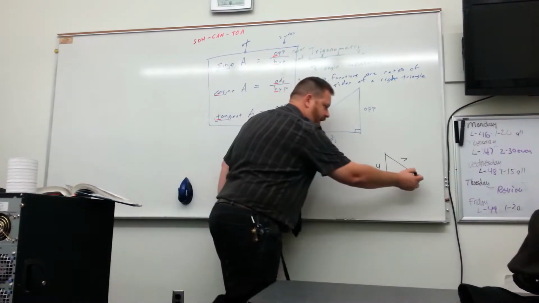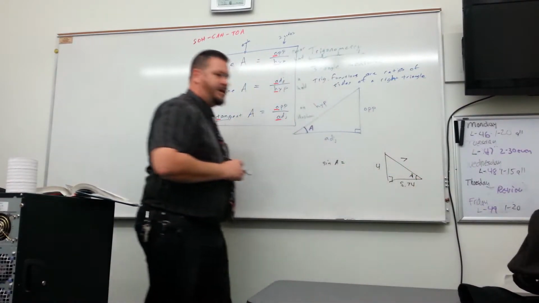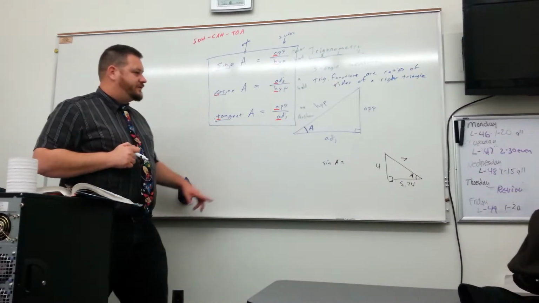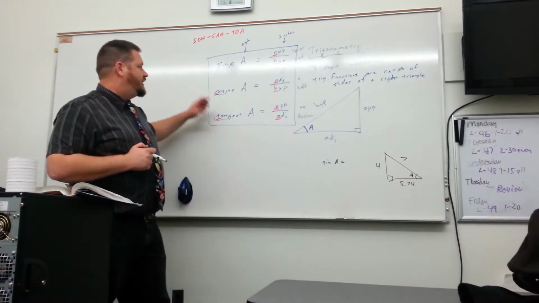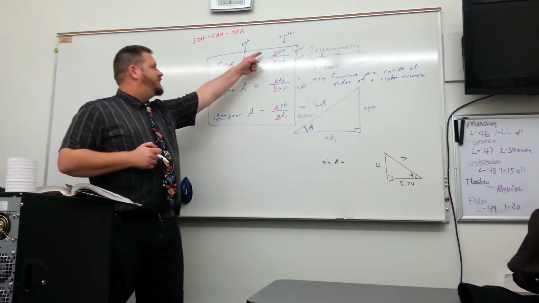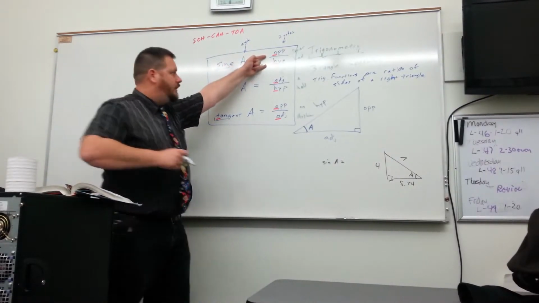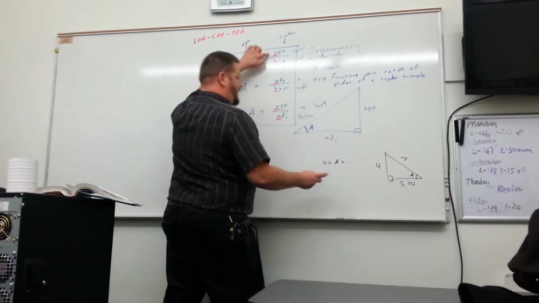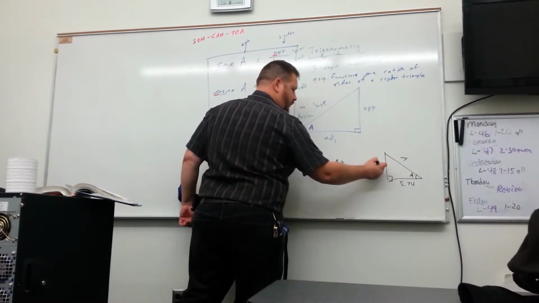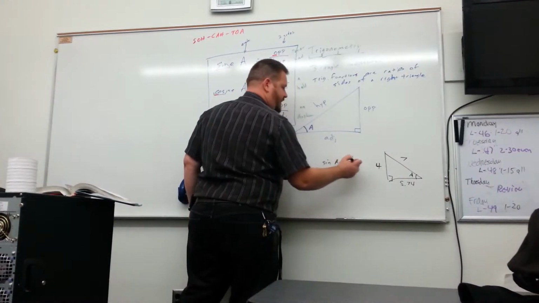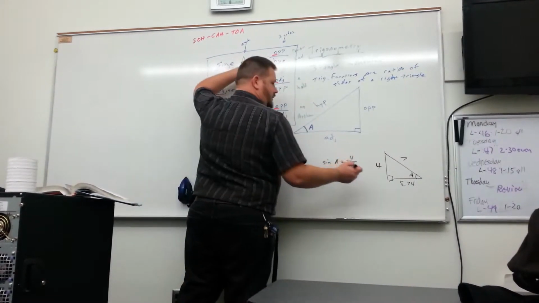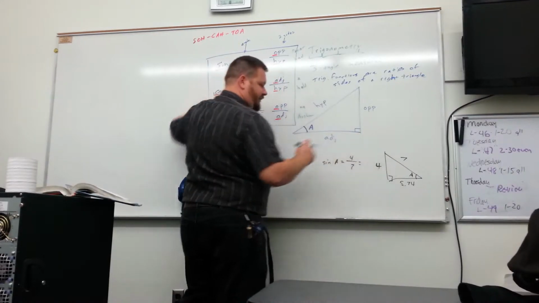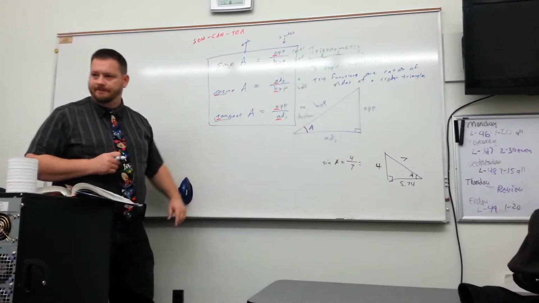You don't need a calculator for this part yet. Sine is the opposite side over the hypotenuse. Relative to angle A, the opposite side is the 4. So that's 4 divided by the hypotenuse, which is 7. Whatever that comes out to is the sine of angle A.